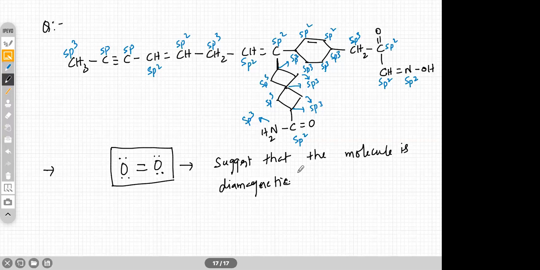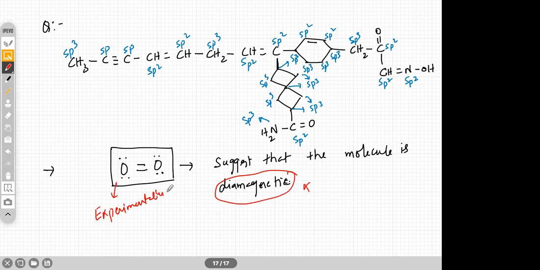But the actual behavior of the oxygen molecule is paramagnetic. This observation based on VBT was found to be wrong, because experimentally O2 is found to be paramagnetic. It is weakly attracted towards the magnetic field.